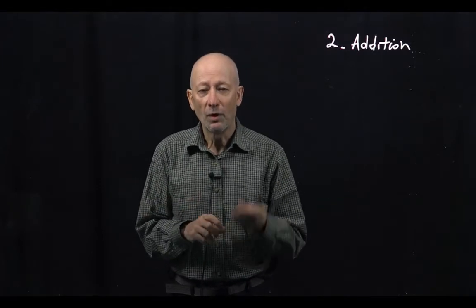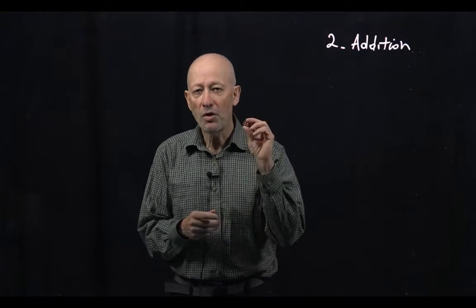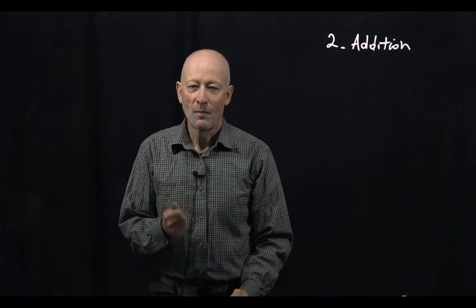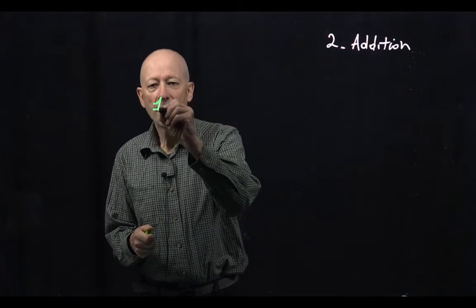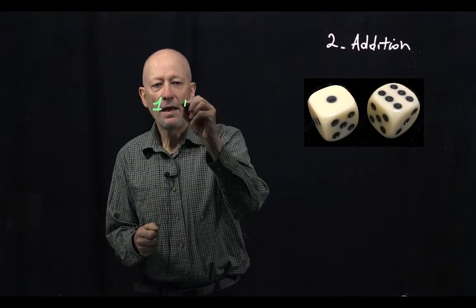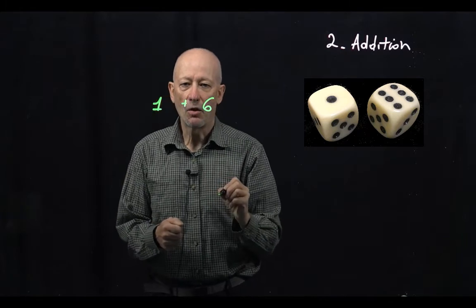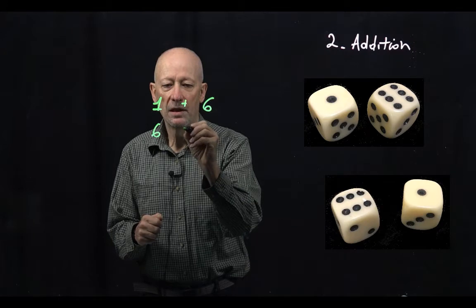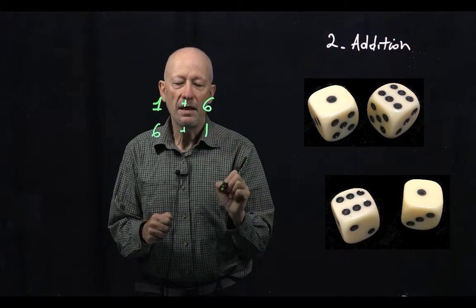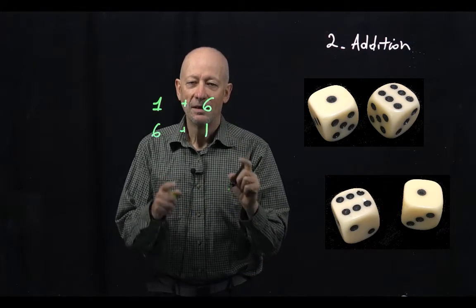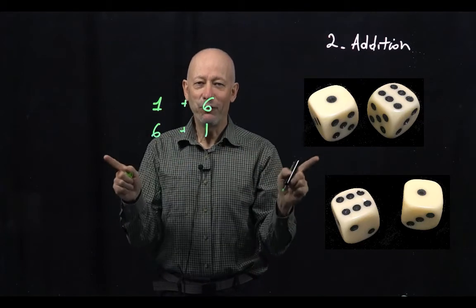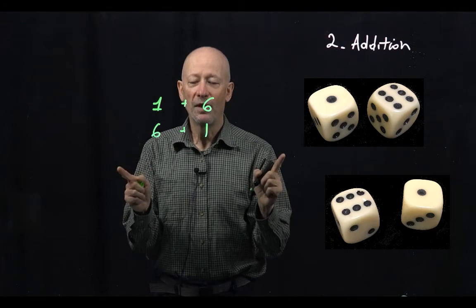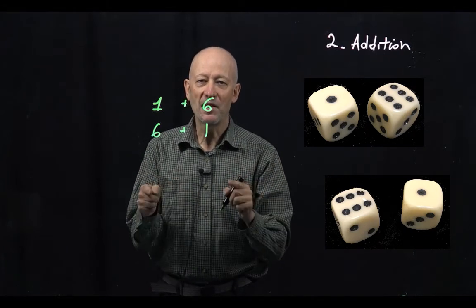But you realize that when I do this, there are 2 possible ways to get a 1 and a 6. I can get a 1 in the first toss and then a 6 in the next toss. Or alternatively, I can get a 6 in the first toss and a 1 in the next one. These are 2 different events which are alternative. Either one or the other happens, but both give me the same outcome, a 1 and a 6.